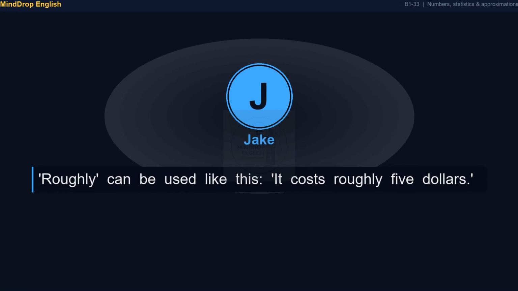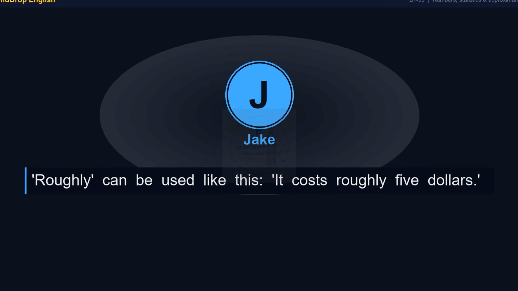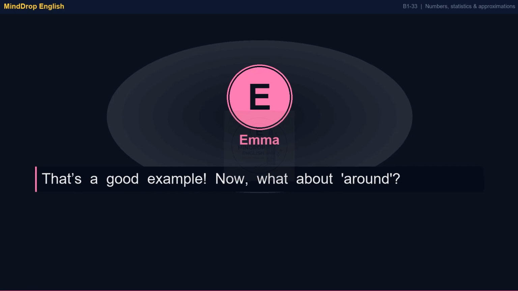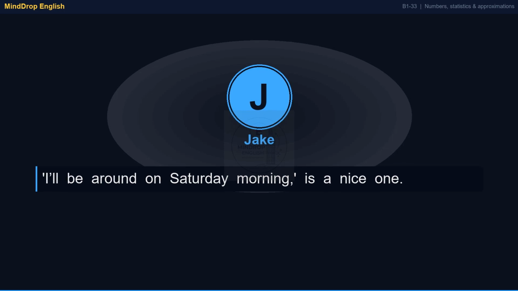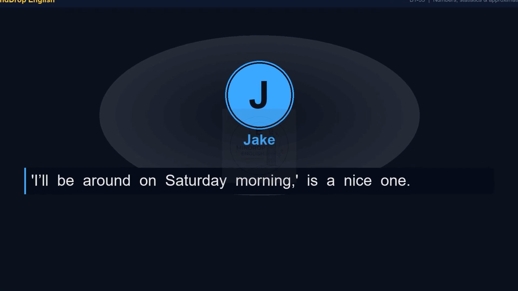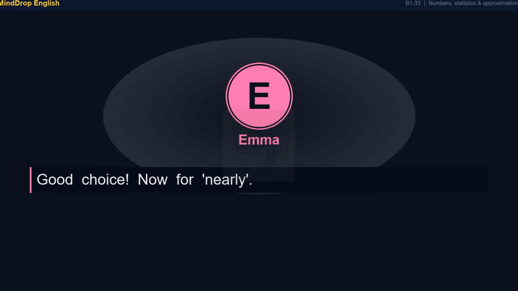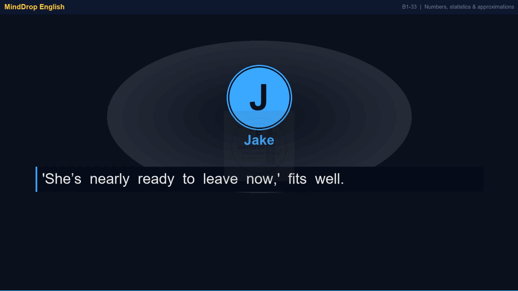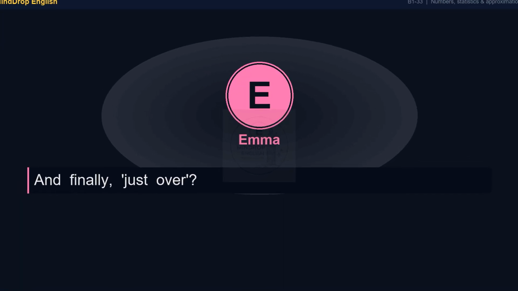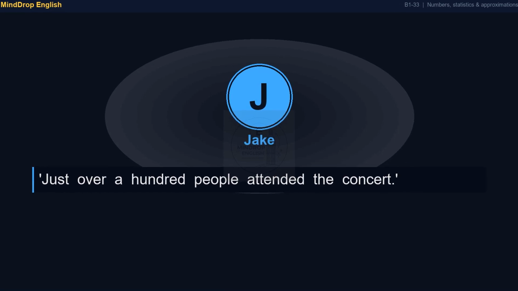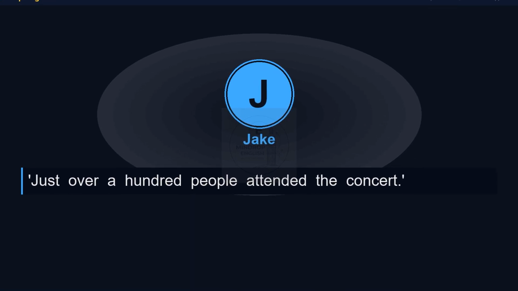Roughly can be used like this. It costs roughly $5. That's a good example. Now, what about around? I'll be around on Saturday morning is a nice one. Good choice. Now for nearly. She's nearly ready to leave now, fits well. And finally, just over. Just over 100 people attended the concert.